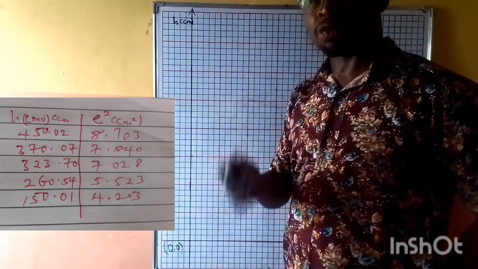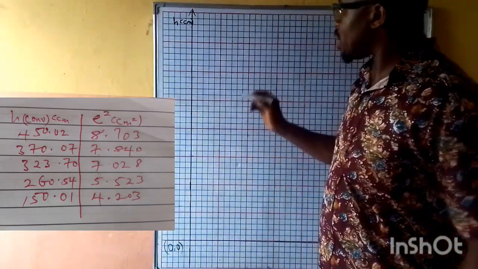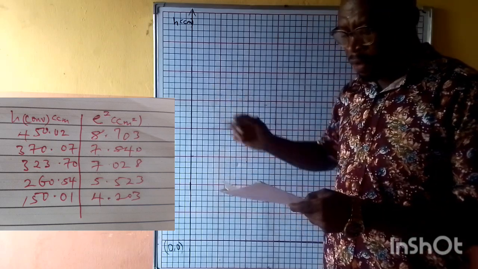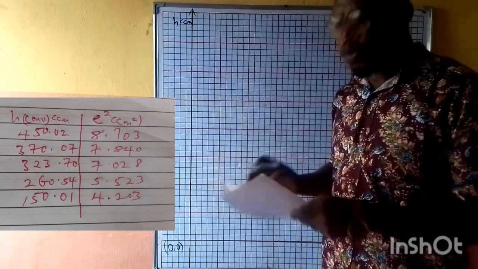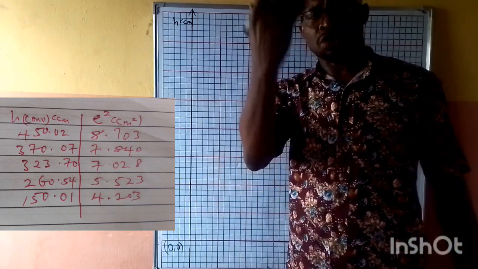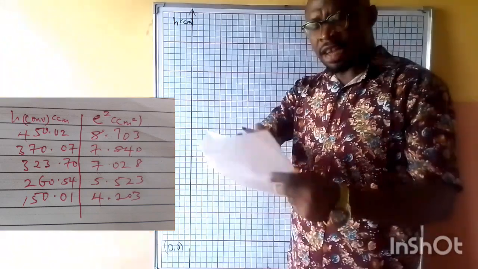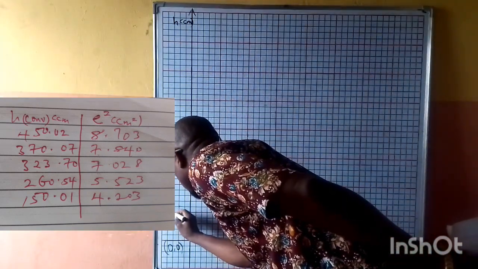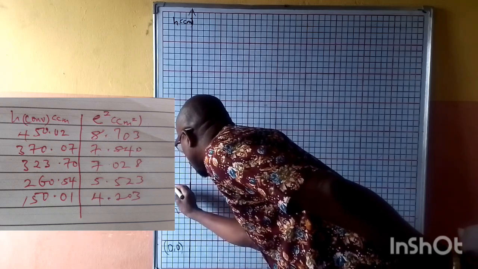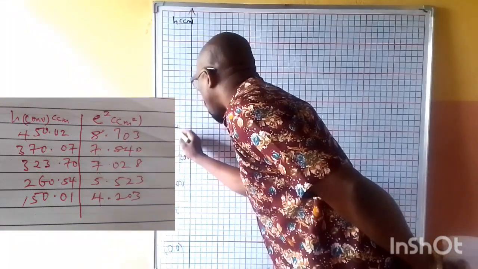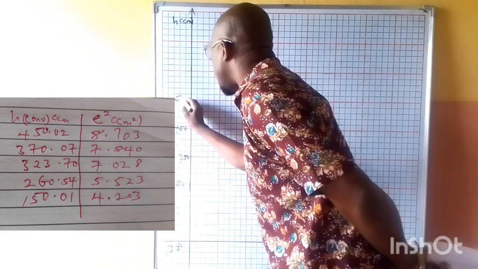Now, looking at the values we have there, of course, the highest value we can have on the h-axis is 450, and the scale you will choose is highly dependent on the values you have. Now, I can have here 100, 200, 300, 400, and I can have here 500.